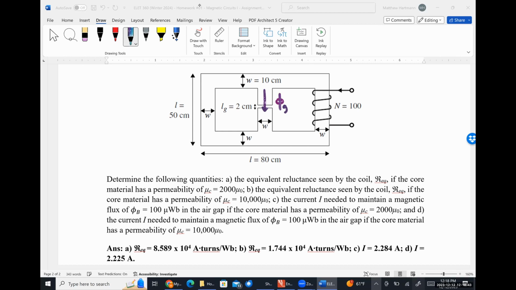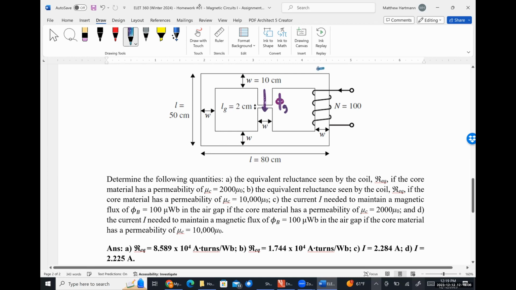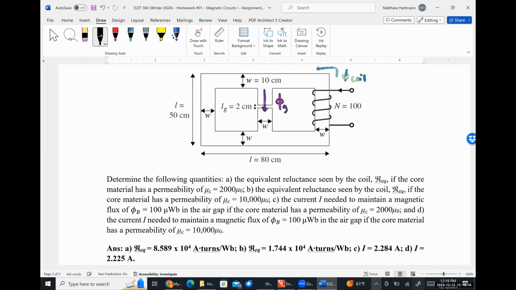Assuming that you found the equivalent reluctance and all of that kind of jazz, you're given phi sub g, which is the flux through the gap, and that's the same flux that's going to be flowing through that total middle path. You're trying to find the coil current I, so it's still that current division backwards kind of thing. So you would find this flux by coil. The pretty color is starting to annoy me, so I'm just going to change to a normal color.